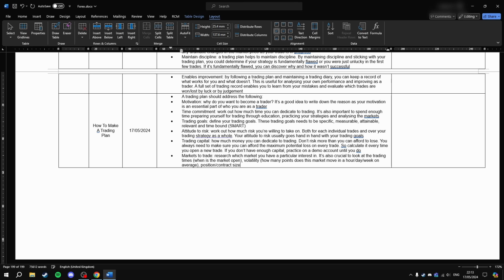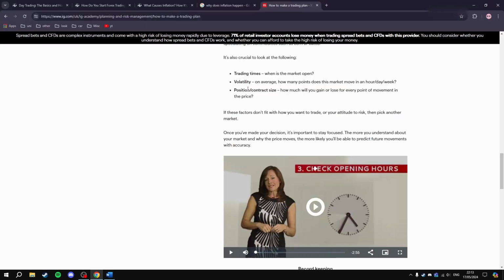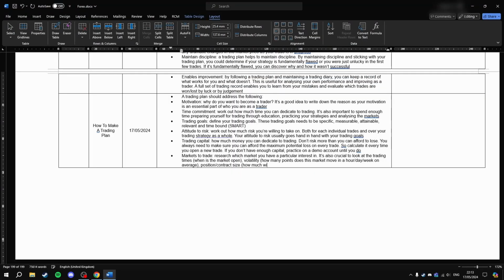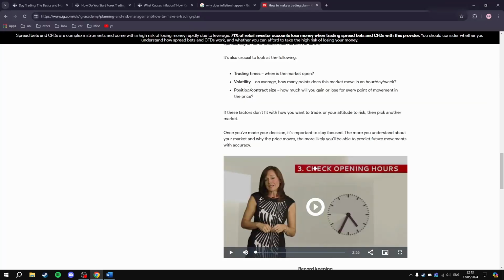Position/contract size: how much will you gain or lose for every point of movement in the price?